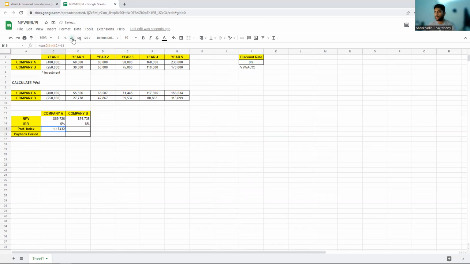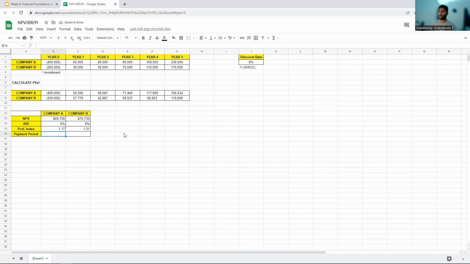I'm going to decrease the number of decimals. Okay, same thing here for company B, we just take the sum of the inflows, we divide it by the negative outflow, and we get this number. We get the same thing here.